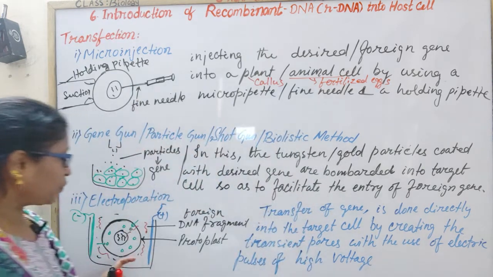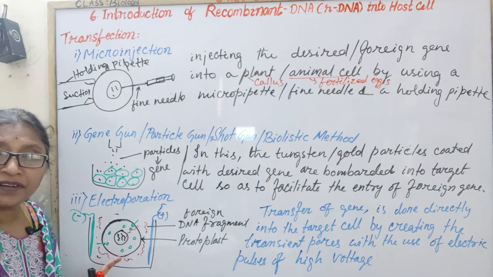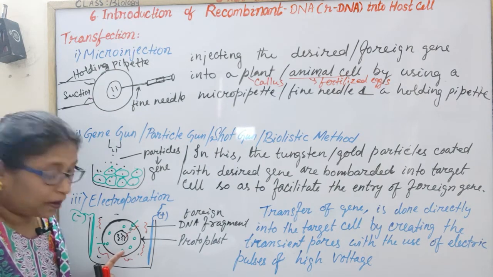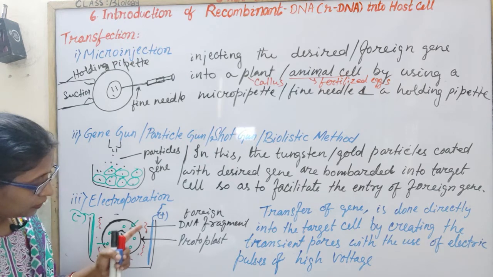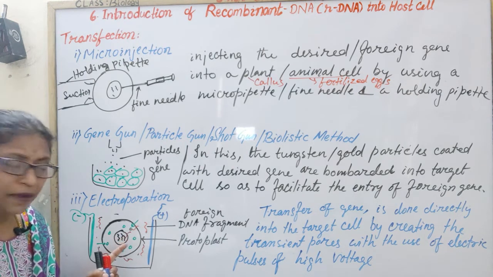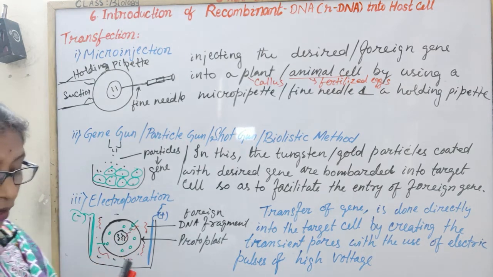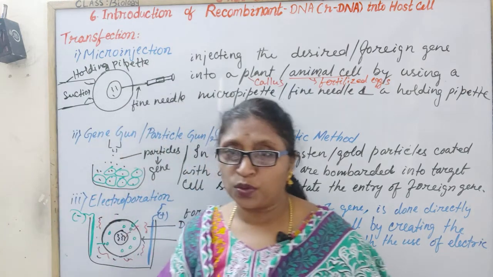Thus the plant protoplast is the recipient, the target cell, and the naked DNAs enter the cell protoplasm through these pores.